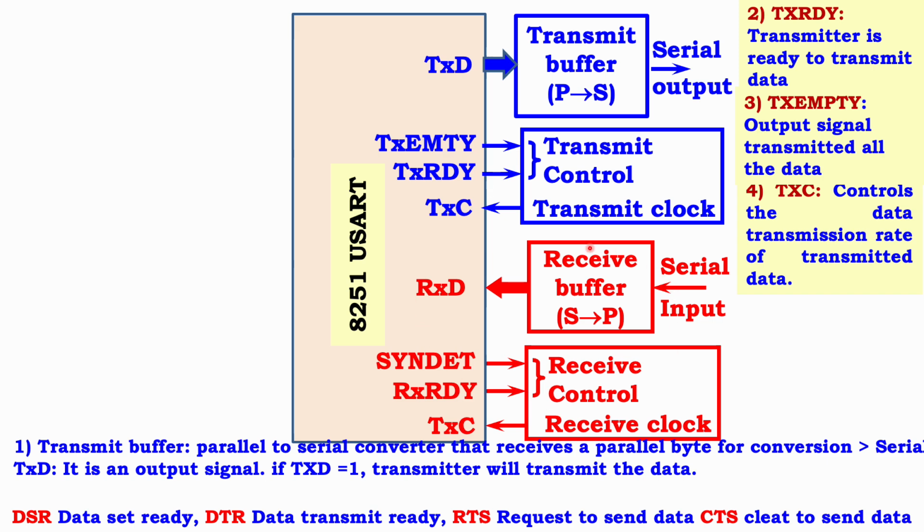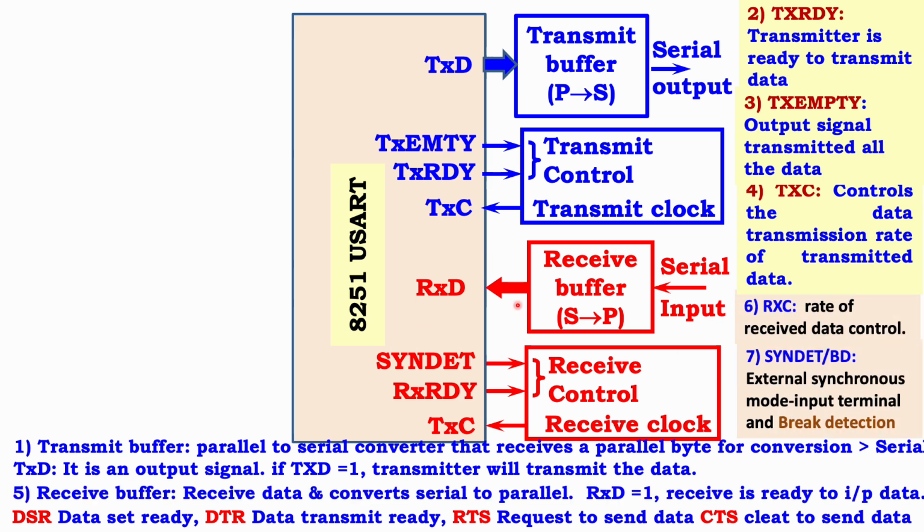In a similar way, the next module is the receive module. So how is the data received? By using the signals RxD, RxRDY and RxC. Here there is also a synchronous detection signal. RxD is used to receive the data from a serial input port, and RxRDY indicates the data is ready to receive.